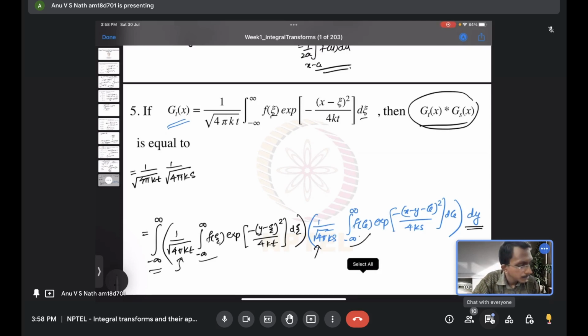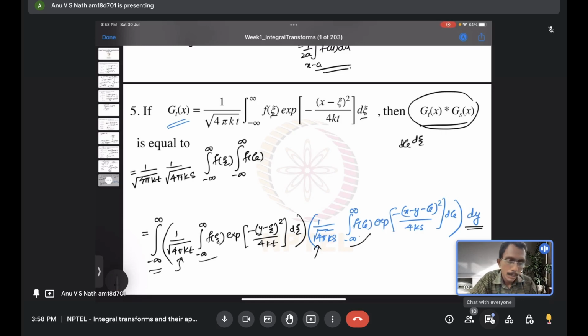Then integral from minus infinity to plus infinity of f of xi, with the corresponding d xi. Also another integration from minus infinity to plus infinity of f of theta, with d theta.